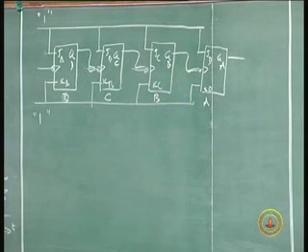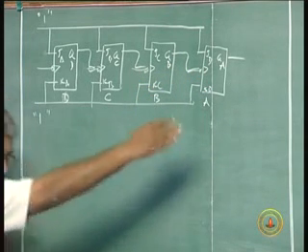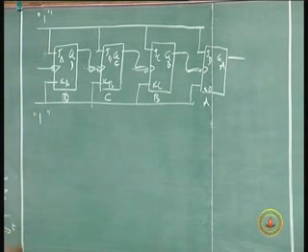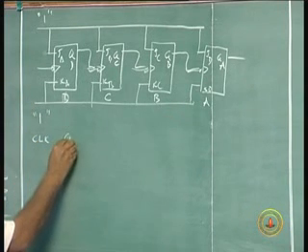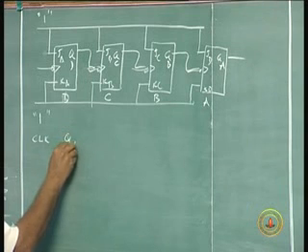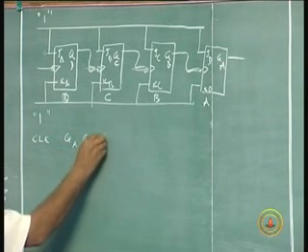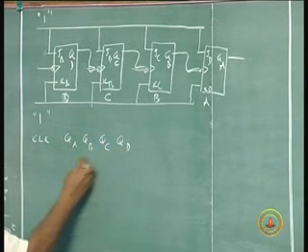Since I don't have space to draw waveforms for 16 clock cycles, I will do it in binary. Supposing this is the clock, with QA, QB, QC, QD.